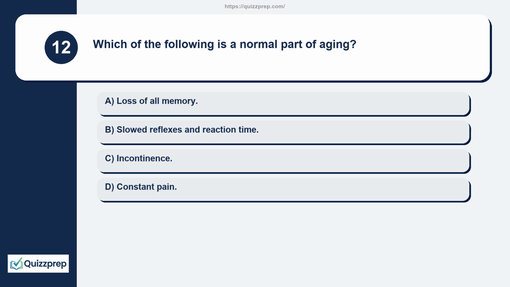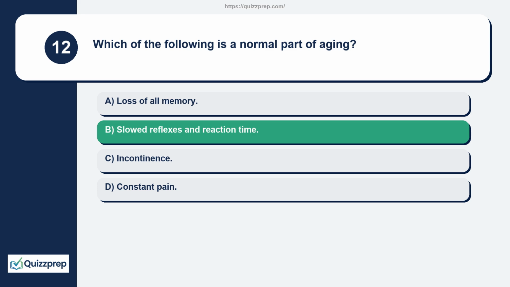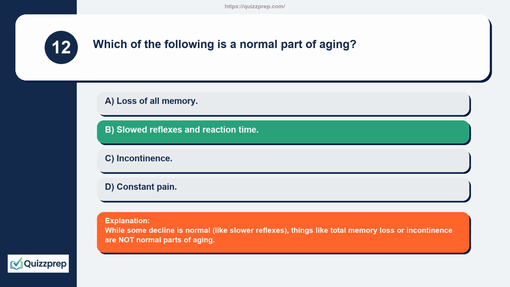Question 12. Which of the following is a normal part of aging? Loss of all memory, slowed reflexes and reaction time, incontinence, constant pain. While some decline is normal, like slower reflexes, things like total memory loss or incontinence are not normal parts of aging. Question 13.